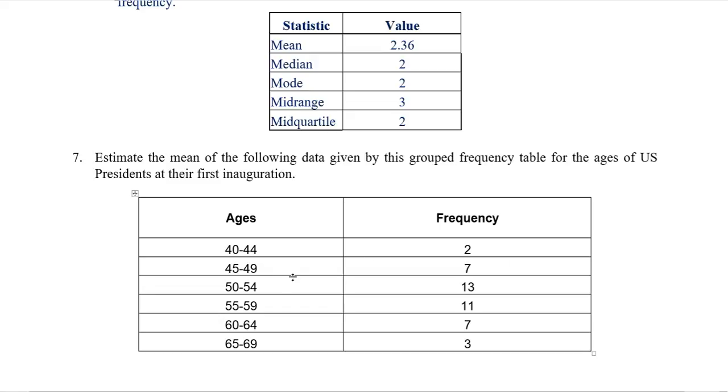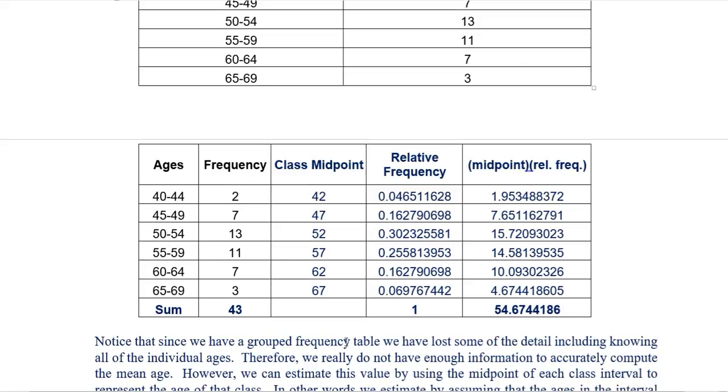And the way we do the estimate is we take the midpoint of this range here for ages. So halfway between 40 and 44 is 42. So we assume they were all at 42, which of course is probably not true. But assume we have a frequency of 2 with the data being 42. And then halfway between 45 and 49 is 47, so we assume that's 47.